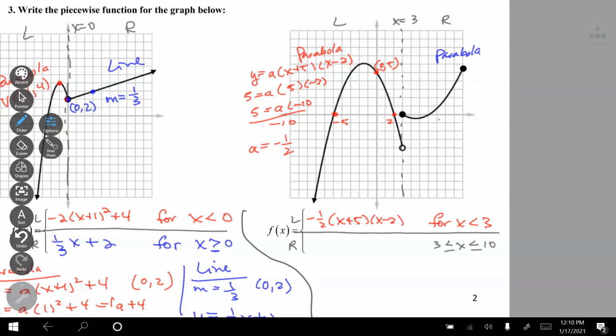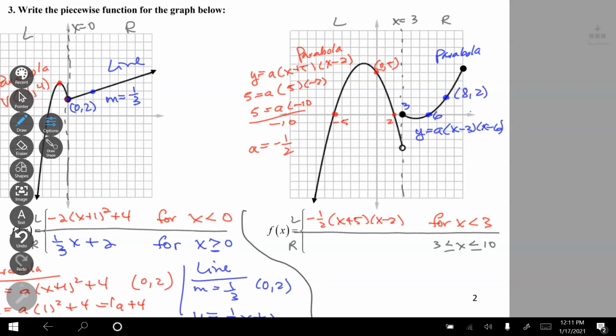And again, I don't think I really have a nice vertex right here, but I do have nice x-intercepts of 3 and 6. So I could do y equals a times (x - 3)(x - 6). That means I have to find one other dot on this graph, and I think there's another clean dot right here at 8, 2.